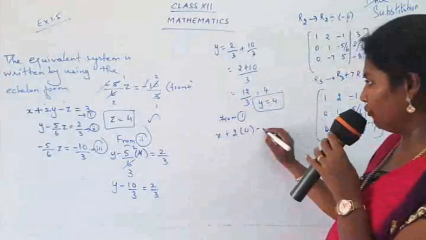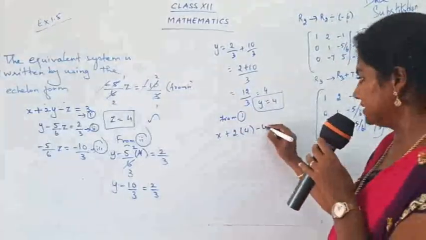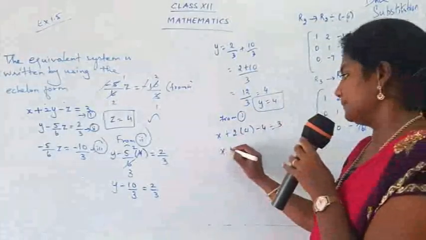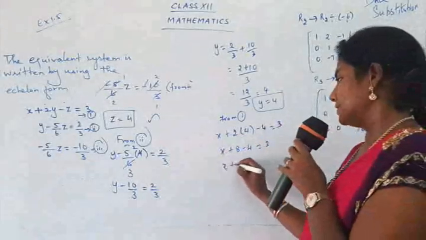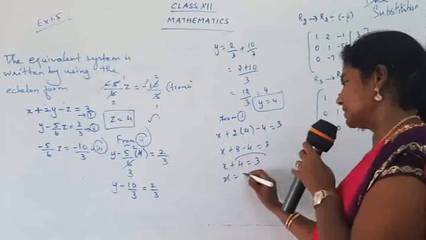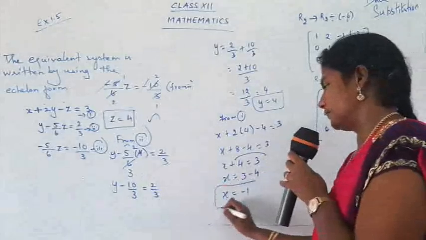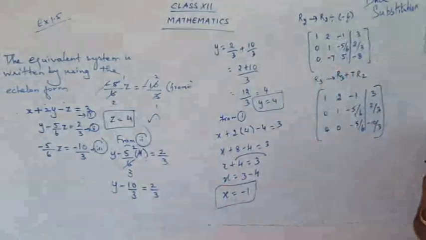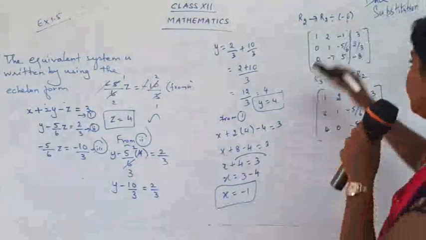So x plus 2 into 4 minus z, that's 4, is equal to 3. x plus 8 minus 4 is equal to 3. x plus 4 is equal to 3. x is equal to, bring the 4 to the other side, 3 minus 4, x is equal to minus 1. So we have got the 3 values as x, y and z. So let's write the final statement.